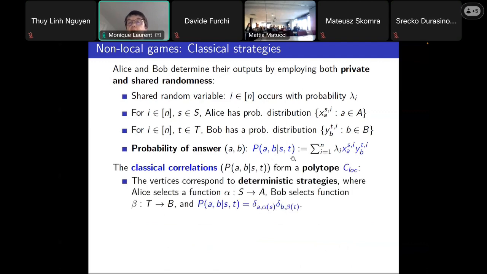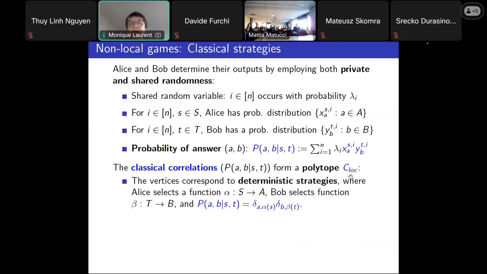So any correlation which is of the form I just explained here is called classical. Such classical correlations form a polytope. It is easy to see this is a polytope, and it is denoted by C index loc. This loc stands for local, because the whole course of action is defined locally by Alice on her side and Bob on his side.